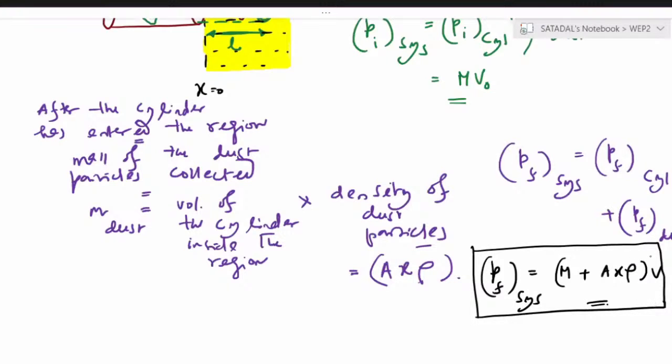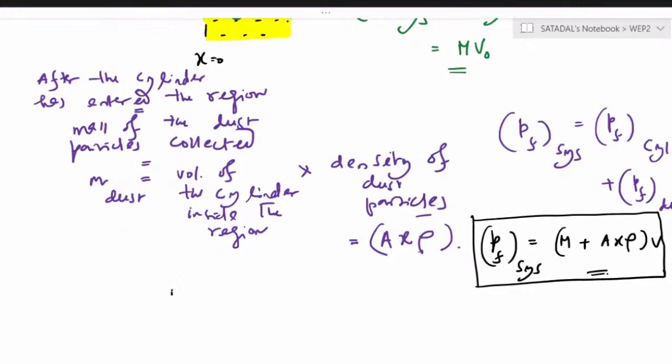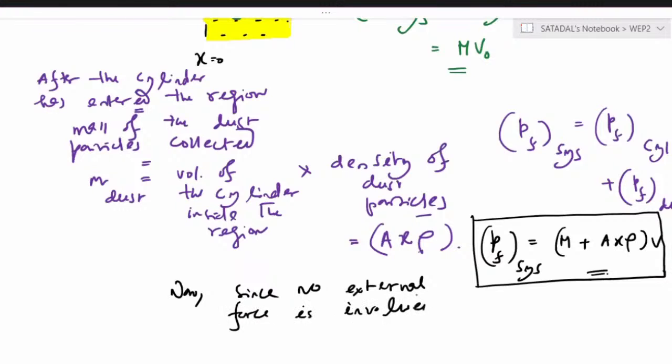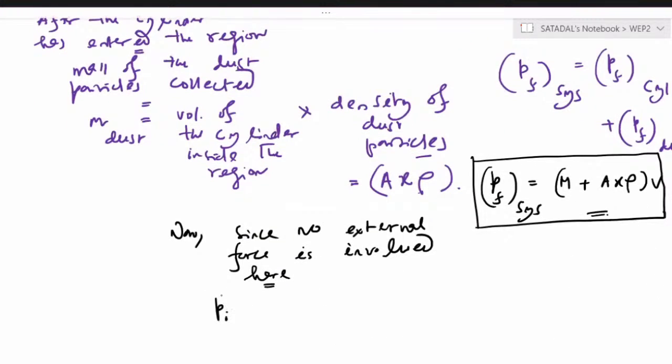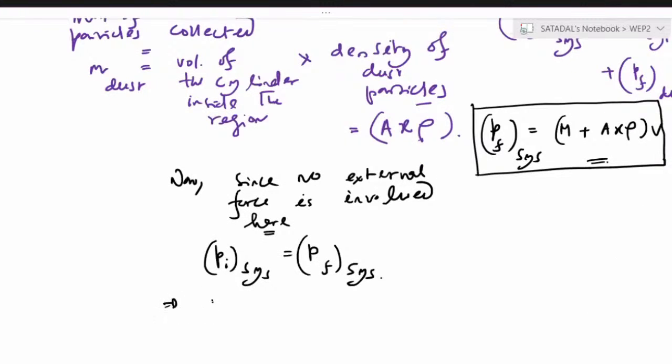Clear? Now, since no external force is involved here, P initial of the system must be equal to P final of the system. P initial is capital M V naught. P final is M plus A X rho into V.